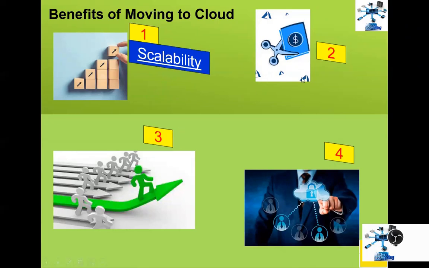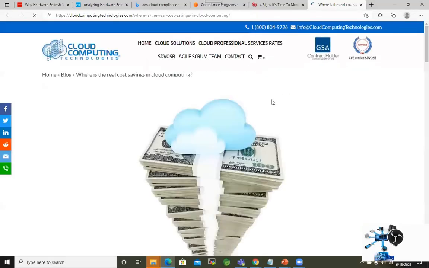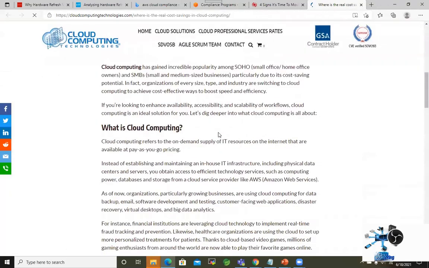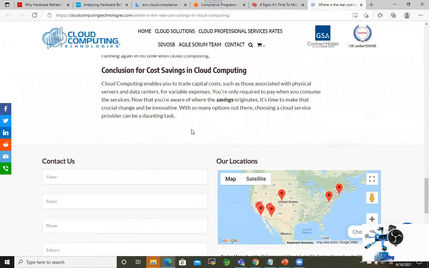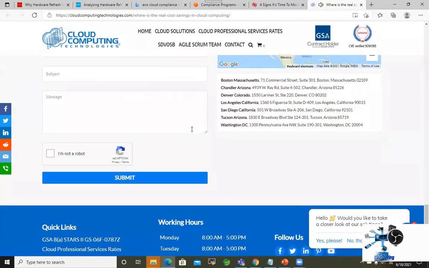There's a benefit, right? Cost saving, definitely, yes. We don't have capital expenditure. We have operational cost only, right? So cost saving, let's go to a little bit of detail on that. I have a reference from cloud computing.